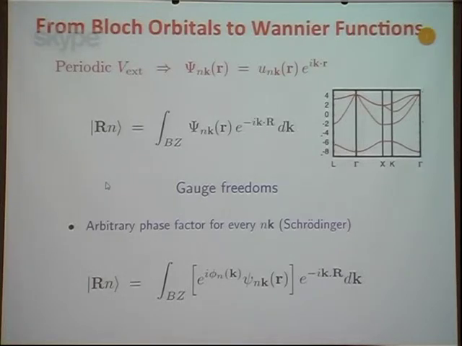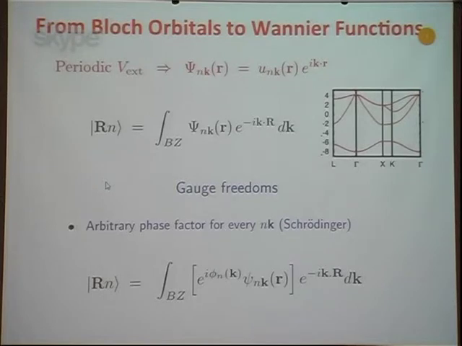And that arbitrariness is actually important because that phase factor depends on k, so it changes the result of the integral. So that Wannier function that I've symbolically labeled R of n, that complex wave function defined in real space, actually is not uniquely defined in the Wannier transformation.